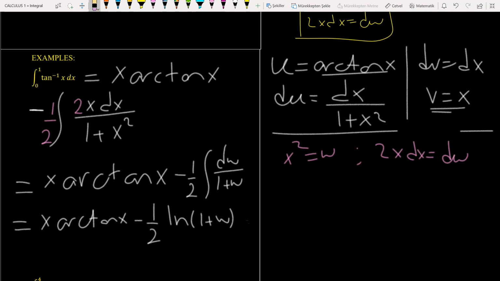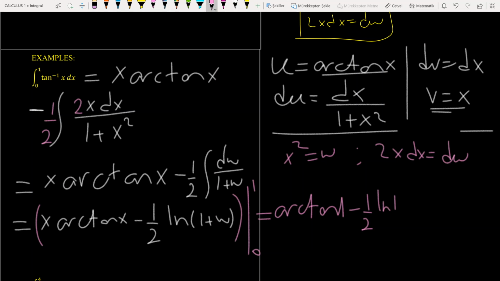Let me ignore this part and use the boundaries of integration from 0 to 1. In this case it becomes 1 times arctangent 1 minus 1 over 2 ln 2, sorry, ln 2, plus, for 0, we have 0 here, and we also have 0 here since ln 1 is 0.